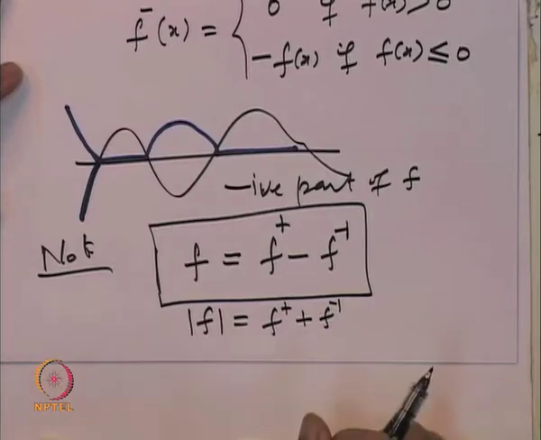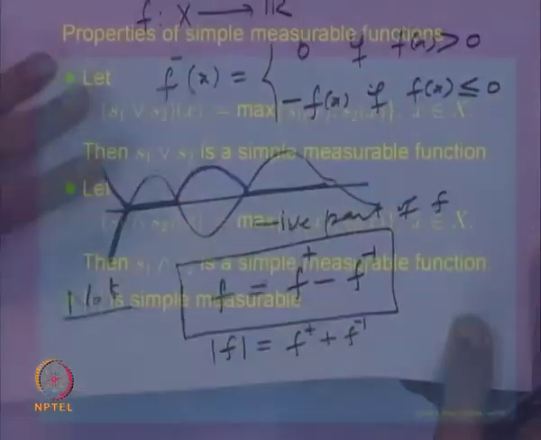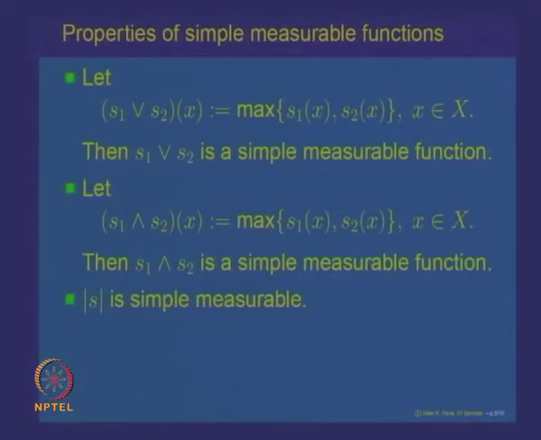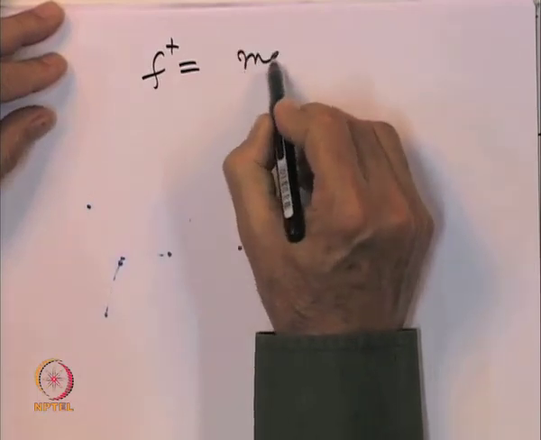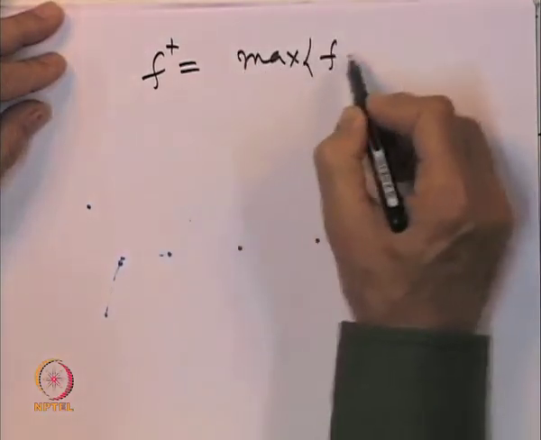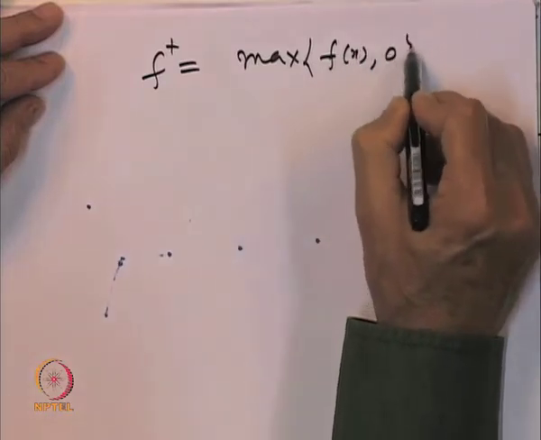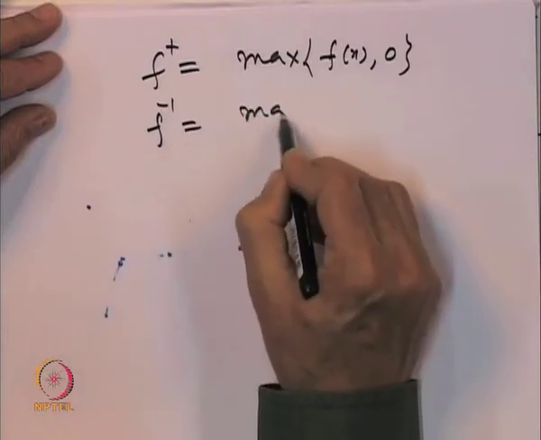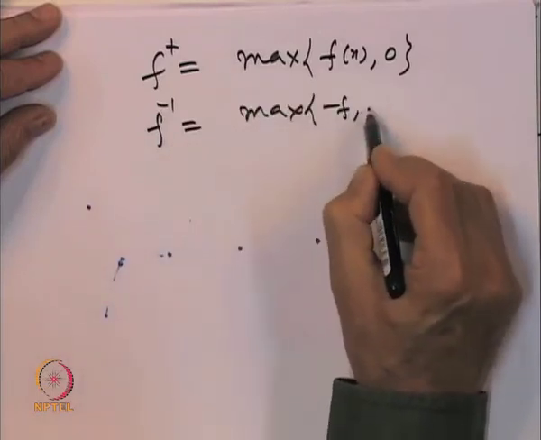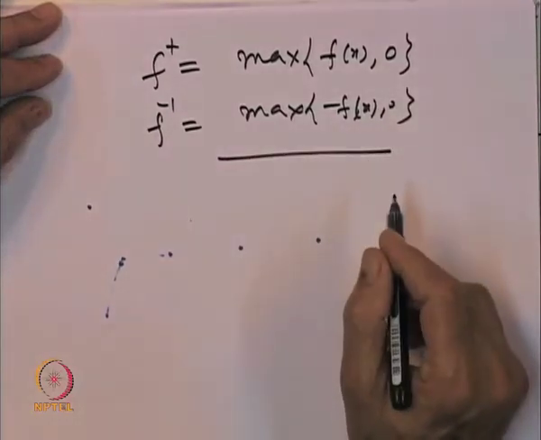That is mod f. You can also think of the positive part f plus as the maximum of f and the constant function 0, and f minus as the maximum of minus f and 0. So, another way of looking at it.